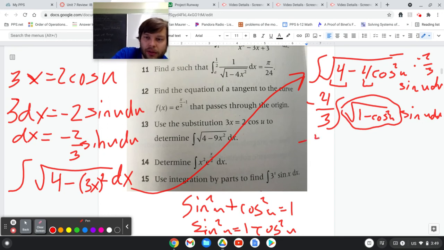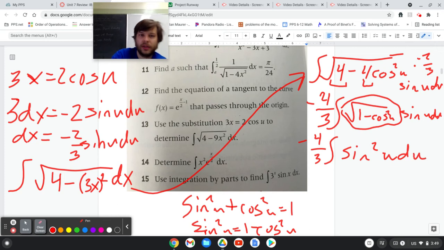So we have negative 4/3 times the integral of sine squared u du, like that.